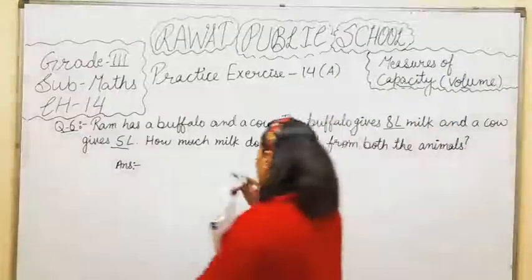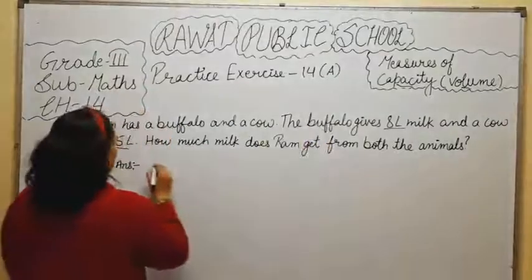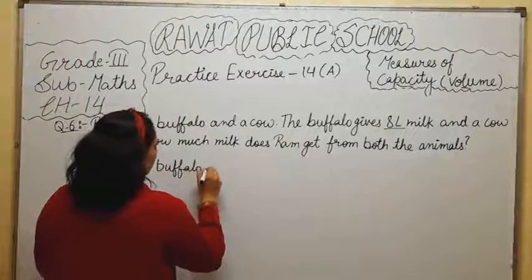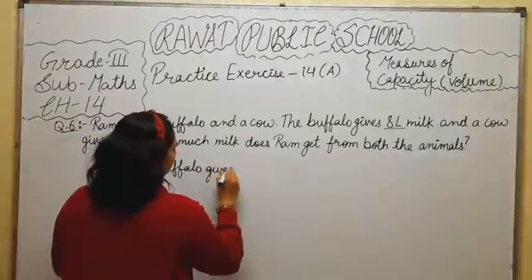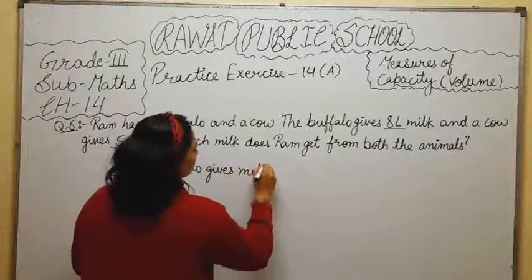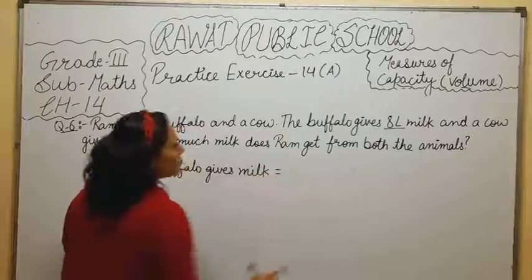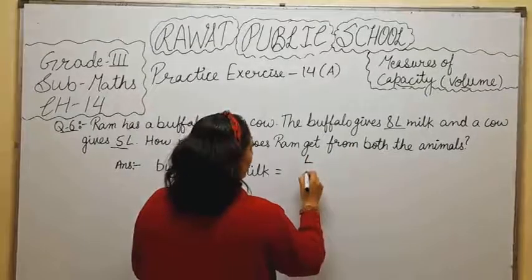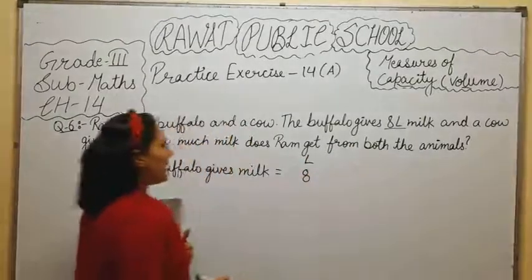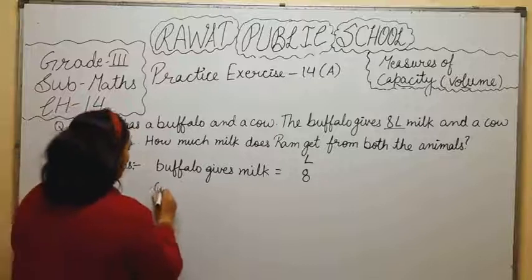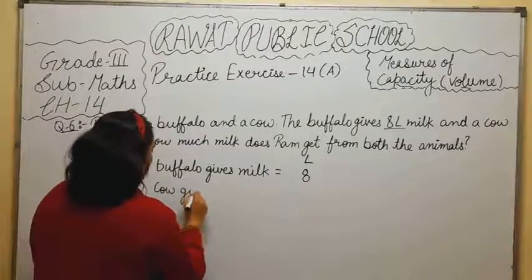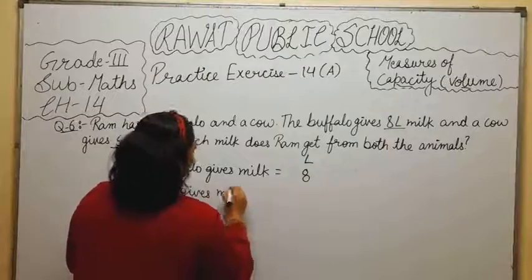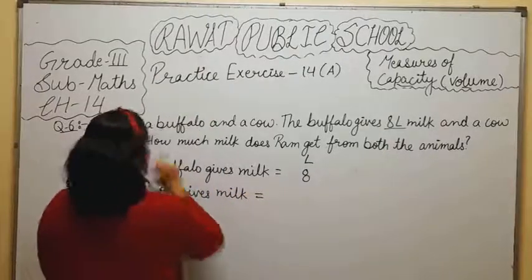So what we have to do? First of all, we write down buffalo gives milk is equal to how much milk a buffalo gives? 8 liters. So we'll write L on the top. Here we write 8. And here we write cow gives milk is equal to how much? 5 liters.